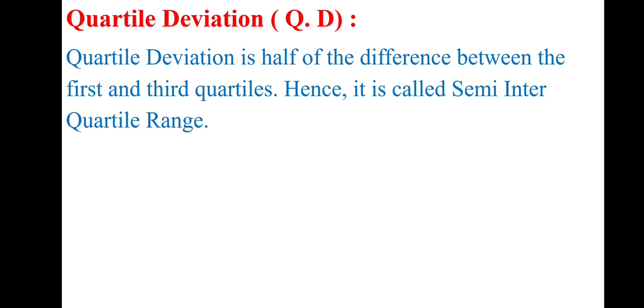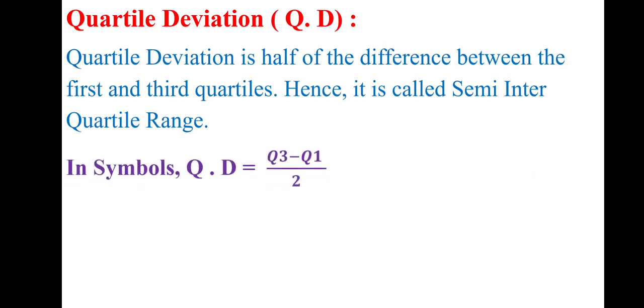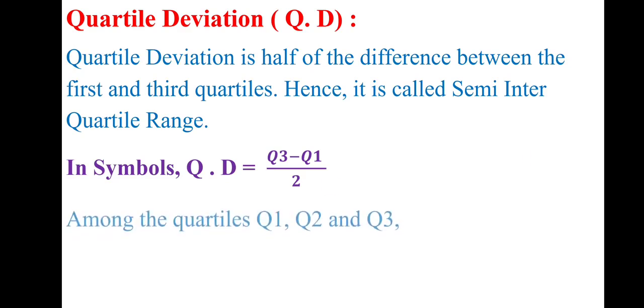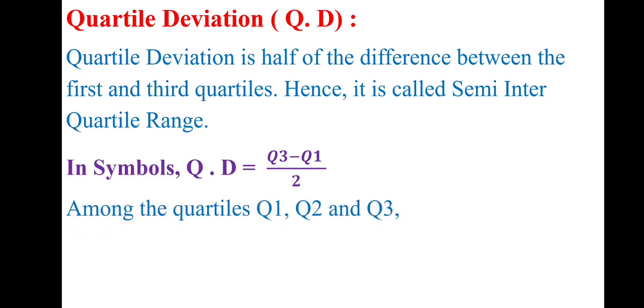So median concepts only we are going to study. The same way, we are going to see the quartile deviation. The formula is Q3 minus Q1 divided by 2. It is called the quartile deviation formula. Among the quartiles Q1, Q2 and Q3, we know very well Q2 is called the median. Q1 and Q3 we are going to study.